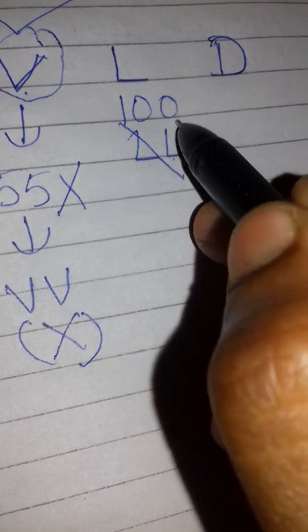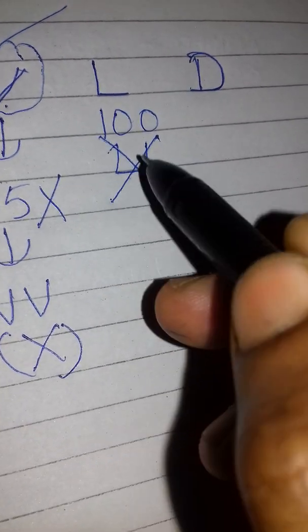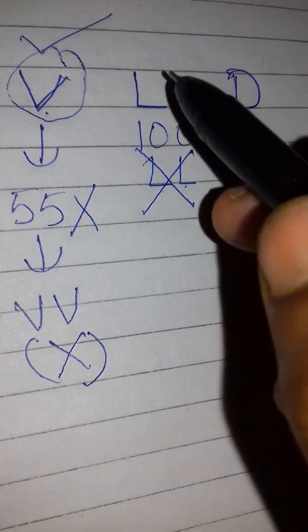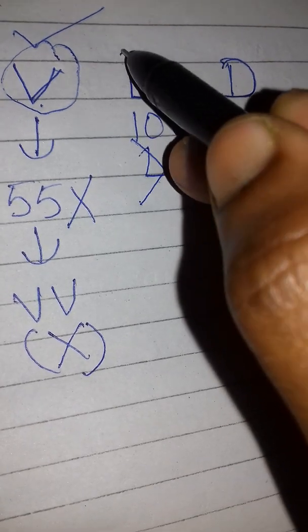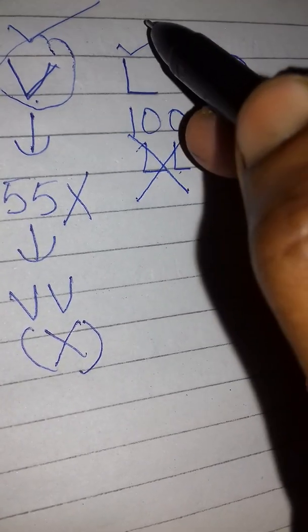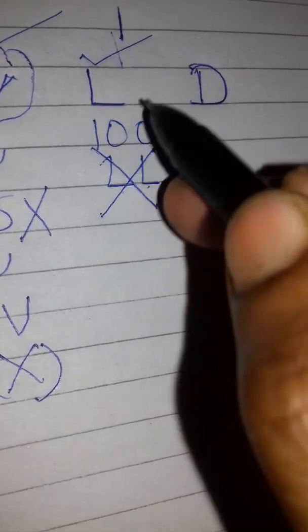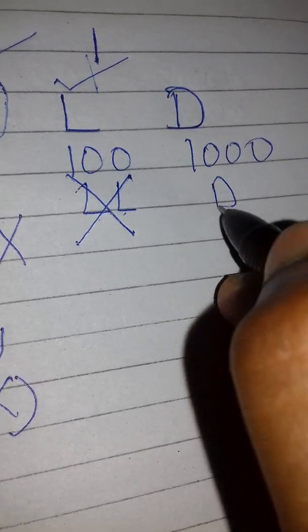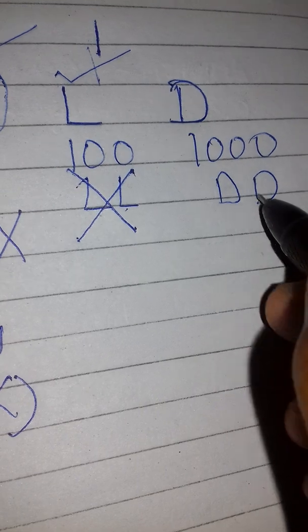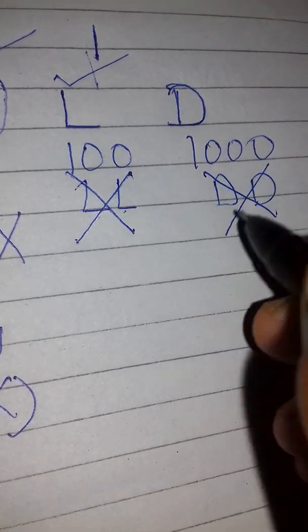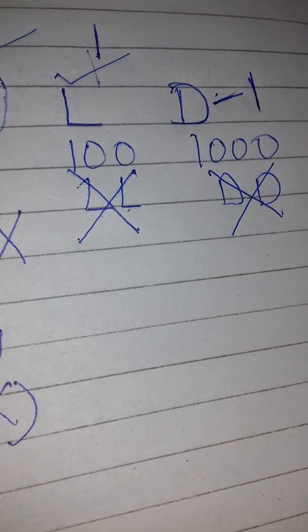No, it is wrong. We cannot repeat. Why is it wrong? Because the rule says that L is not repeated. You have to write it only once. Similarly, D also. If you have to write 1000, you cannot write DD. This is wrong, because it is not repeated. You have to write it only once.